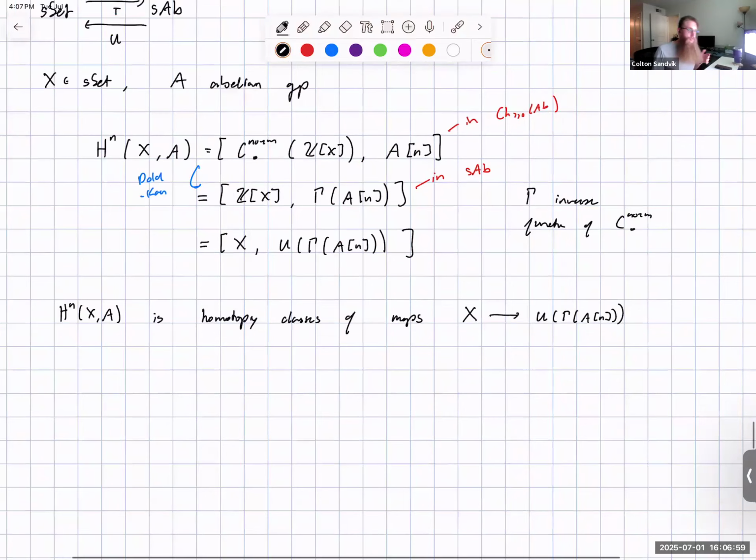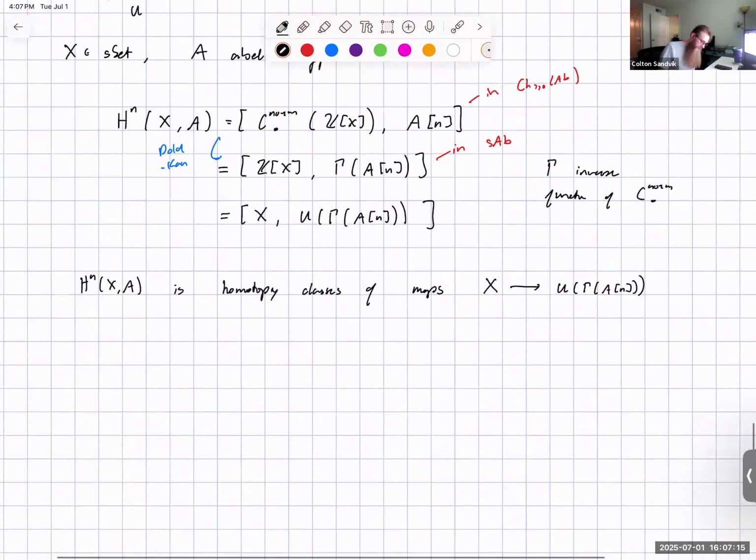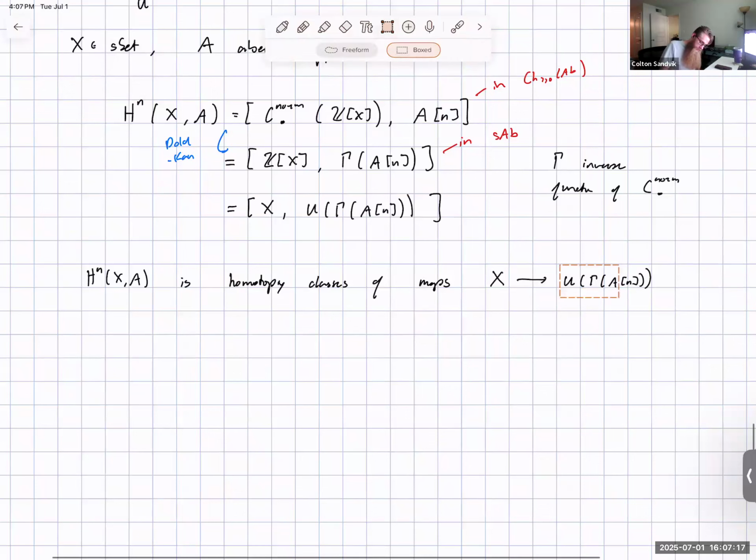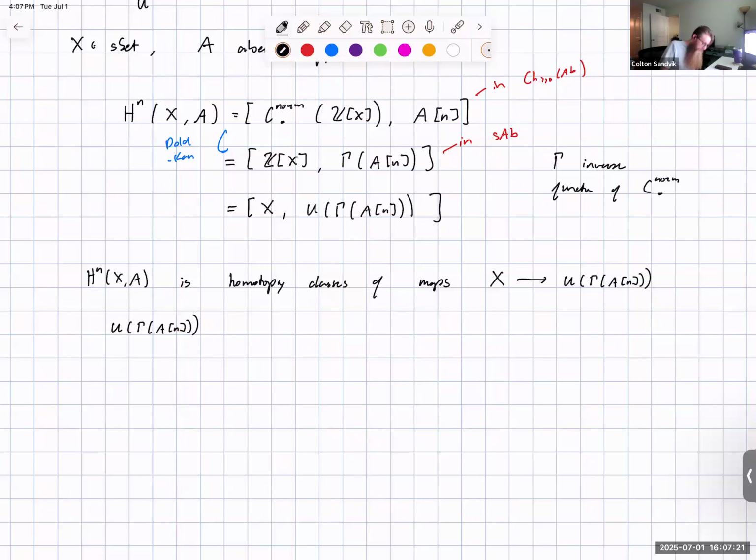And this is just an ordinary simplicial set now. It's not a very complicated one either. And what we recognize from intro to topology is that this is exactly how we describe the Eilenberg-MacLane space. So this is some model for the Eilenberg-MacLane space of A.